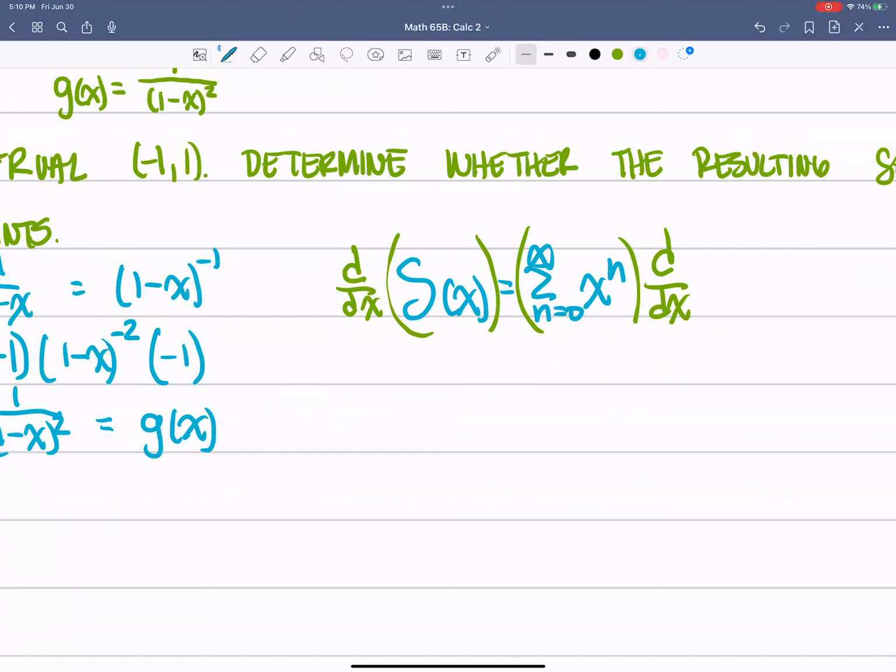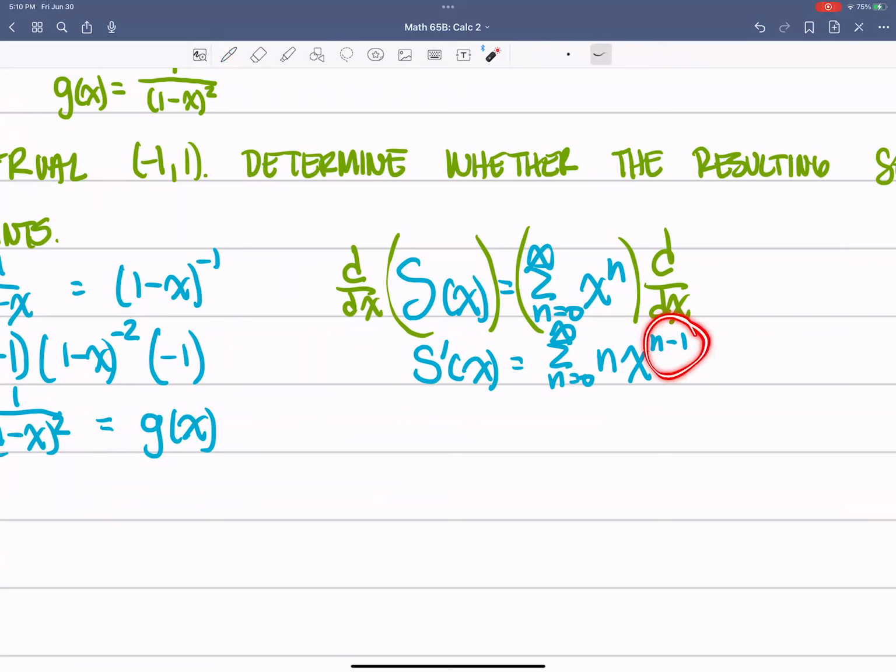So s prime of x is equal to, here we still have the sum as n goes from 0 to infinity. Now we can multiply this down, so we have n times x to the n minus 1. So we could leave this like this.